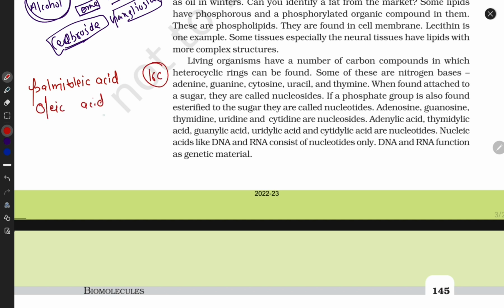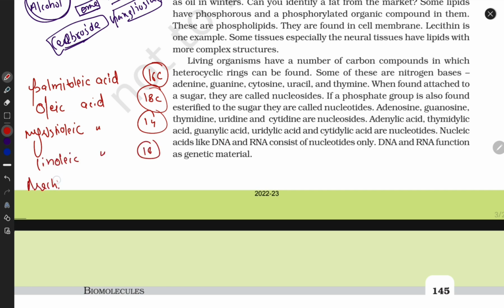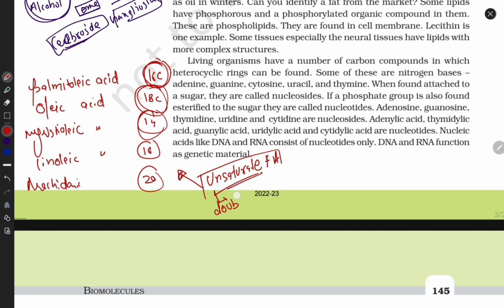Oleic acid has 18 carbons. Myristic acid has 14 carbons. Linoleic acid has 18 carbons. These are examples of carbon chains. Guys, these are unsaturated fatty acids. Unsaturated means that although they have 16, 18, or 14 carbons, they also have a double bond.